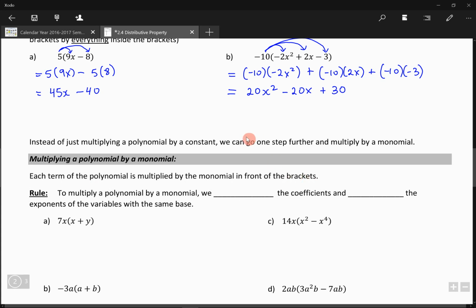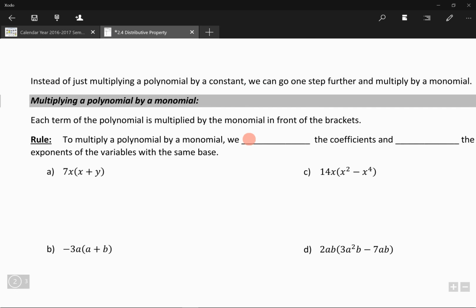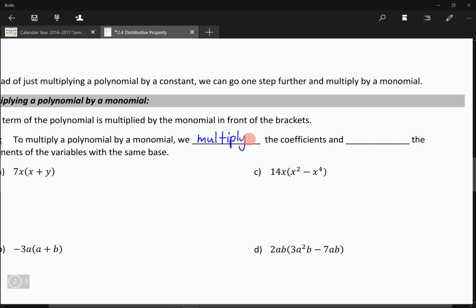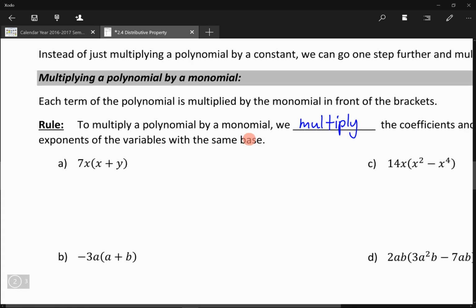So instead of a number, you just have a monomial. So the rule is to multiply a polynomial by a monomial, we multiply the coefficients and add the exponents of the variables with the same base.